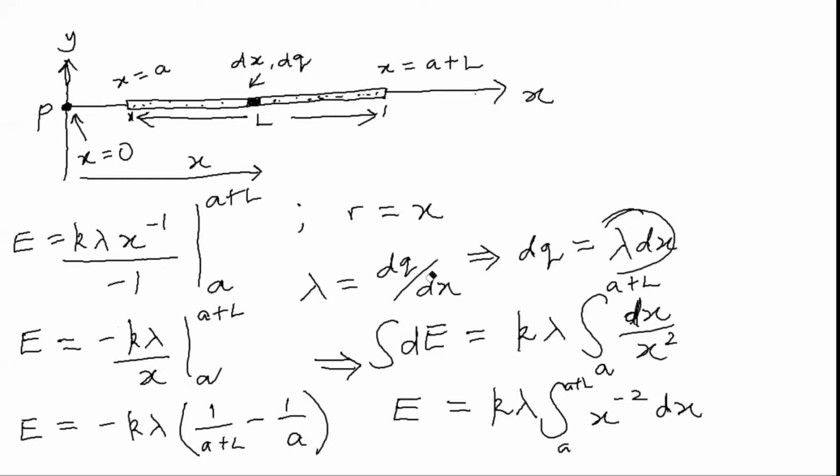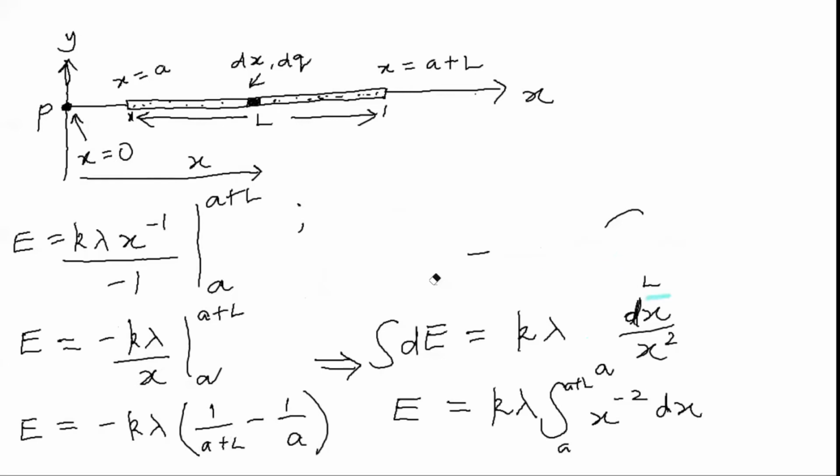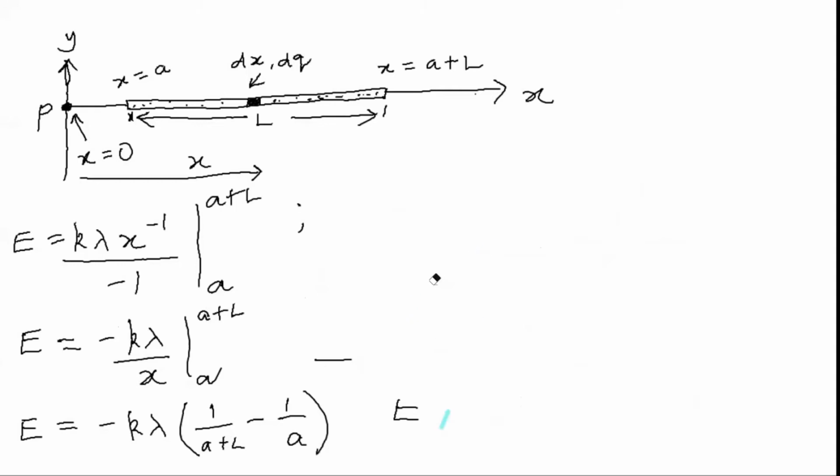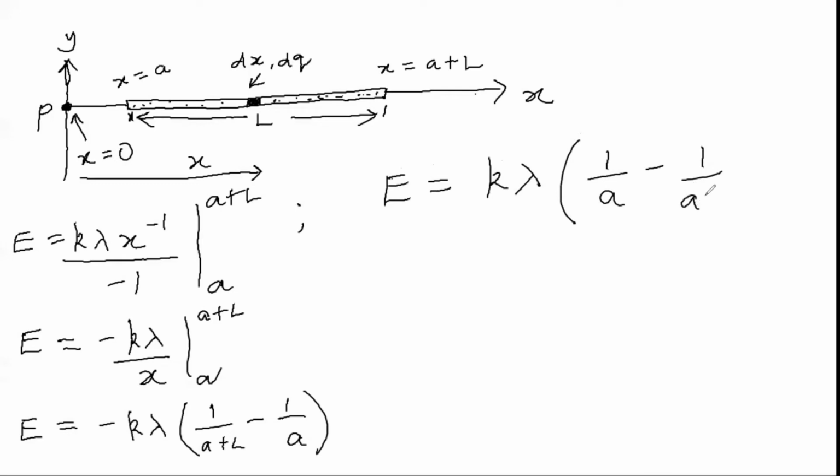The next thing you need is to do a very last step, which is just for me to distribute this negative that is here. Distribute the negative, then E, the electric field, will be K lambda times 1 over A minus 1 over A plus L. And then I also know that K is nothing but 1 over 4 pi epsilon naught.